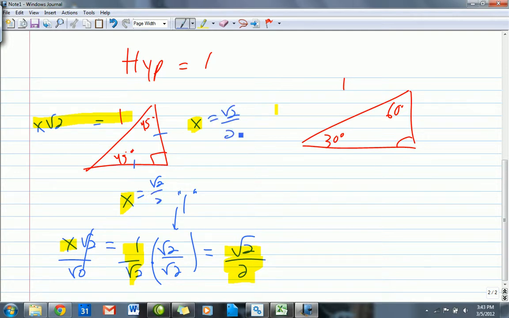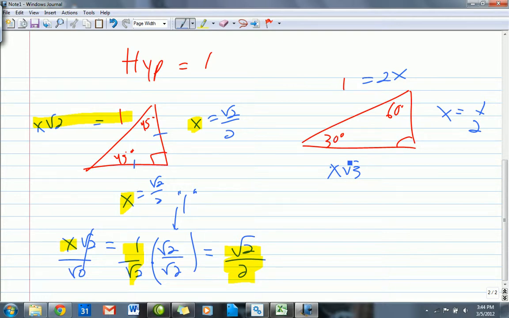Also, what I want to consider is a right triangle with hypotenuse 1. Remember, that's my 2x side. The side across from 30 would be half that, and the side across from 60 will be root 3 times whatever x is. This one's a little bit easier, because if my hypotenuse is 2x, which is 1, half of that is x. So x is 1/2.